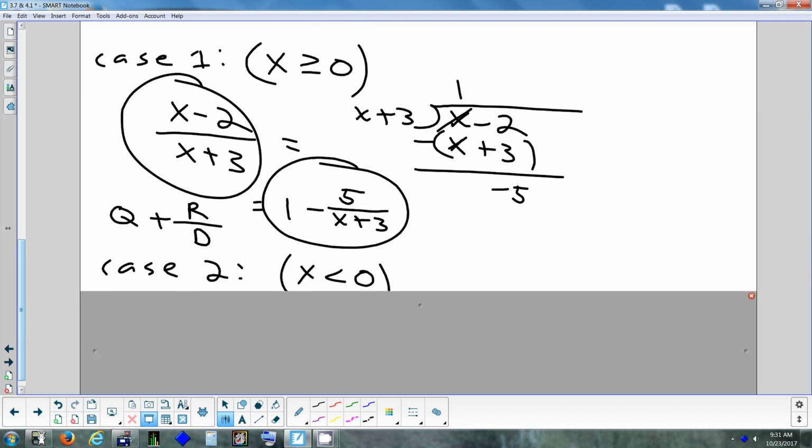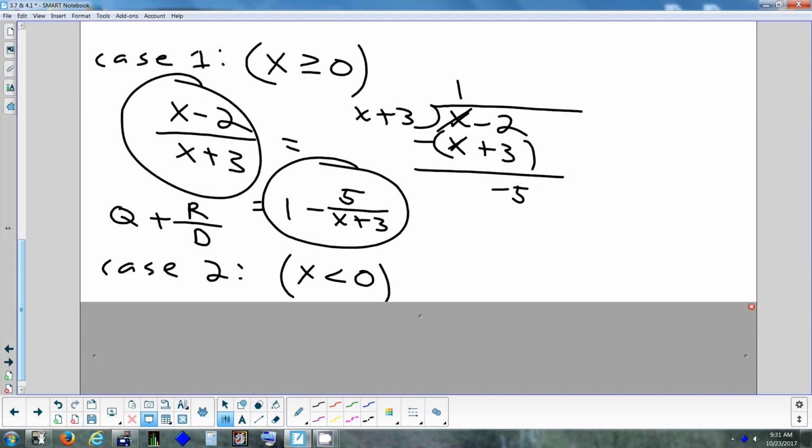And now the second case is when x is less than 0. How do you take the absolute value of a number if what you plug in is less than 0? What do you basically do to the number? Just flip the sign. And what's that called? Taking the what of the number?